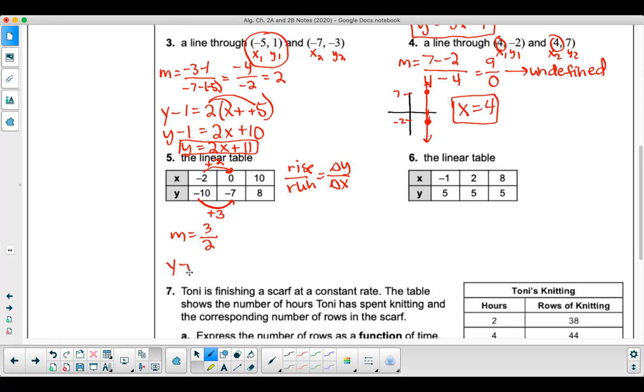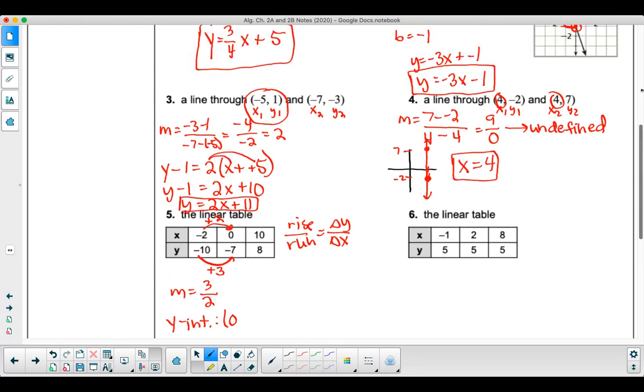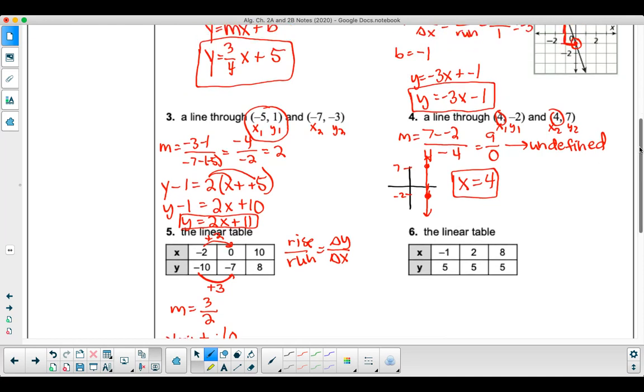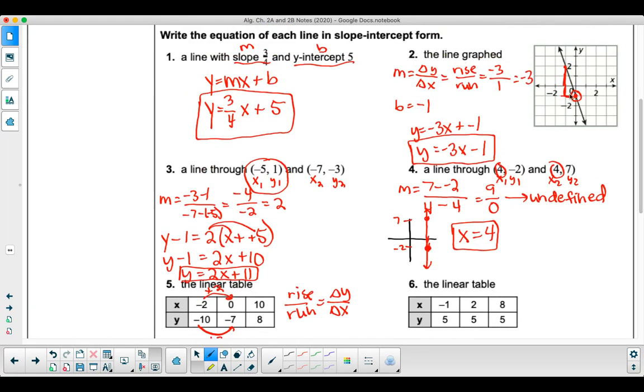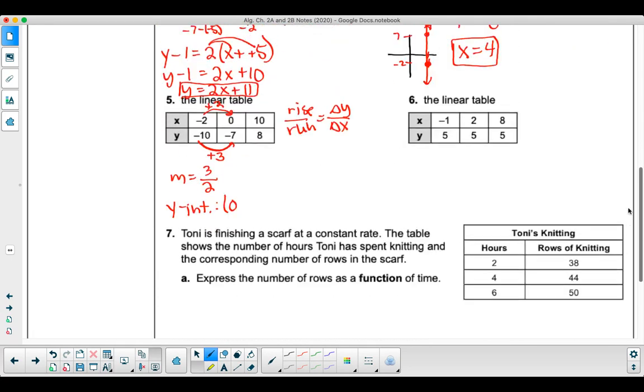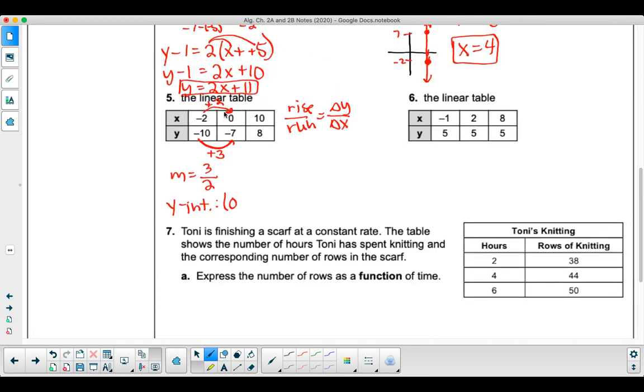Now, if we're looking for our y-intercept, we just have to look where the x value is 0, because if you look up at a graph here, if we go back up to this example, this graph, that's where x is 0 and y was 1, so that point is 0, negative 1. So if we go down here, and in our table, x is 0, that's going to be your y-intercept.